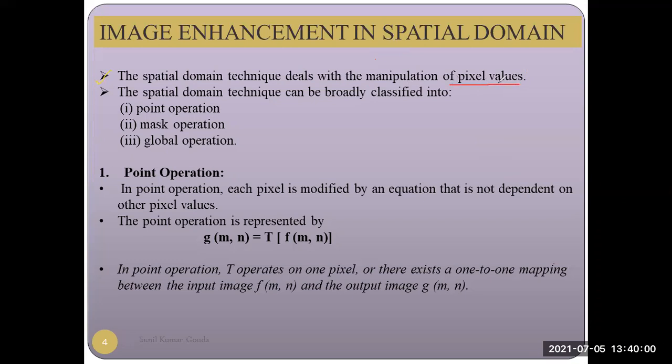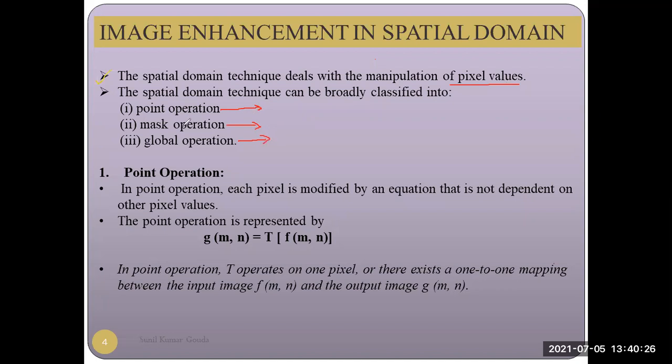The second point. Image enhancement in the spatial domain is broadly classified into three types of operations. The first is called point operations, the second is called mask operations, and the third is called global operations.